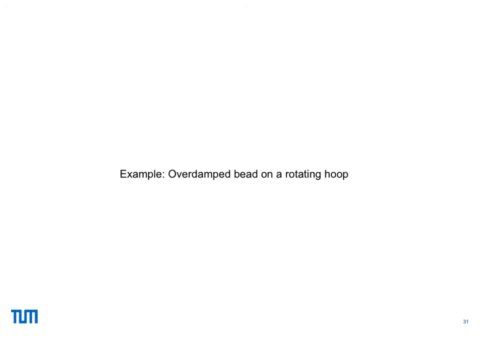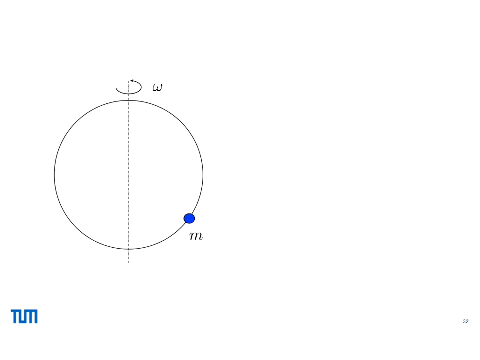Let's talk about this example of a damped bead on a rotating hoop. We have a ring, and this ring is rotating on an axis here, and this is the direction of rotation. And now we have a bead. You can imagine it like a sphere with a hole, where this ring is inserted.